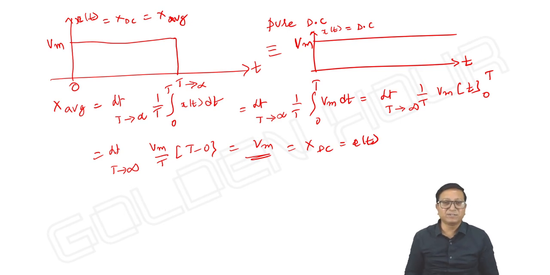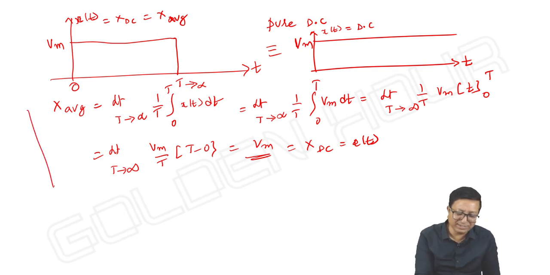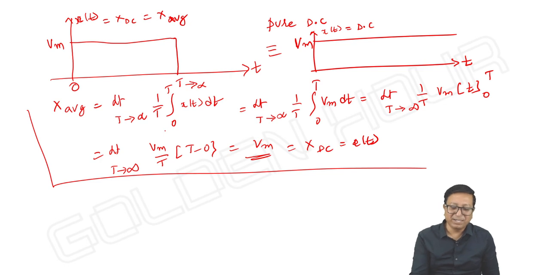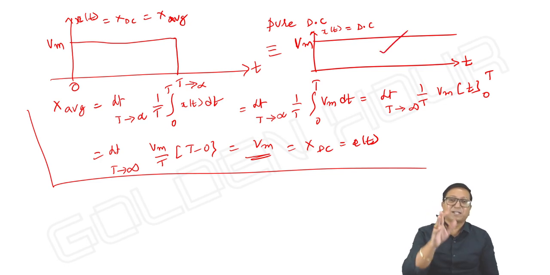The average value of a DC signal, we need not do all these calculations, to be frank. By looking at the waveform, we can directly say that DC and average of that DC signal are equal. This is the significance of average or DC value of a signal.